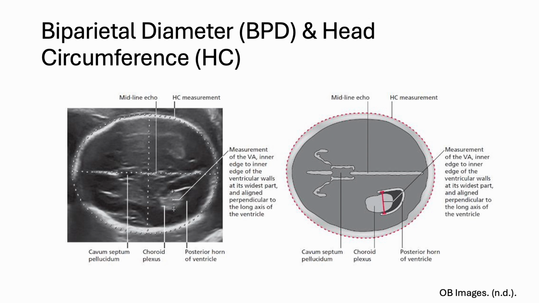It's really important when you're measuring the biparietal diameter and the head circumference that you have the correct image of the baby's head before you measure them, because this can greatly impact the result of your measurement.